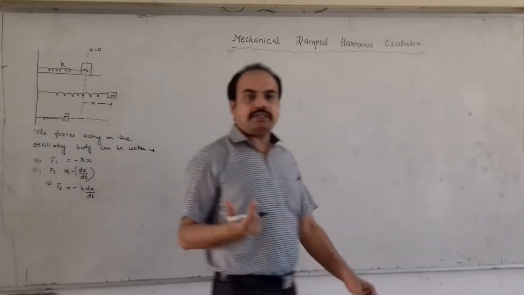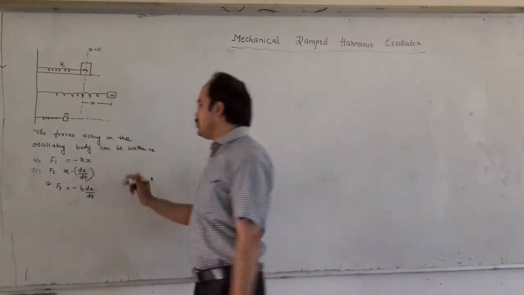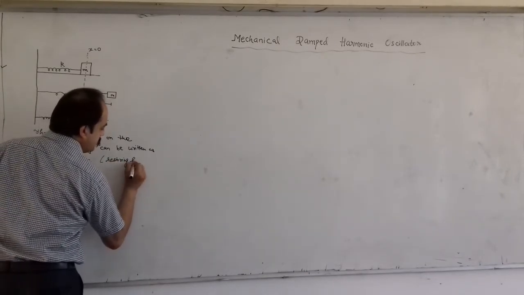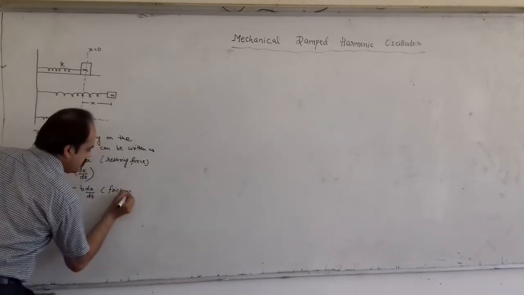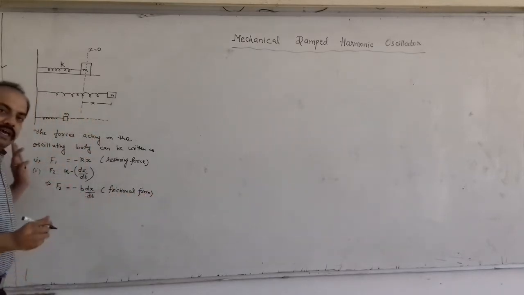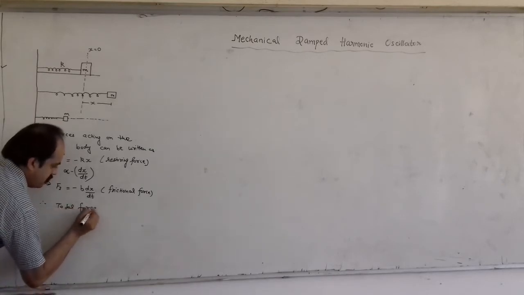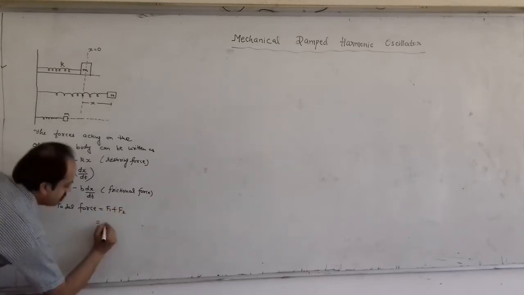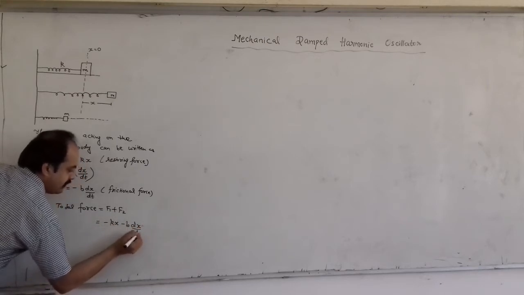So there are two forces in the damped harmonic oscillator: the restoring force and the frictional force. Therefore the total force is F1 plus F2, which becomes minus kx minus b dx by dt.